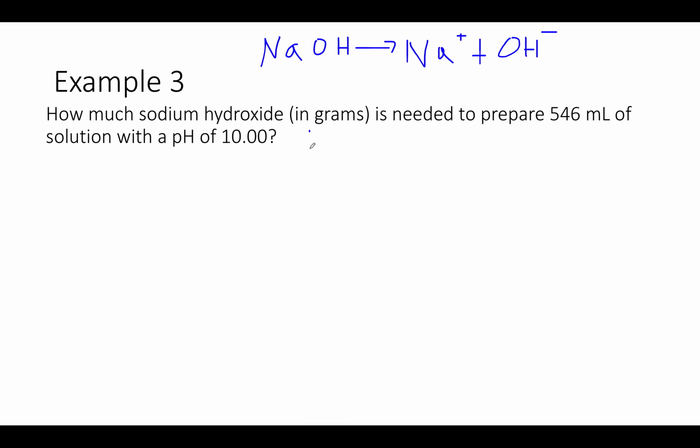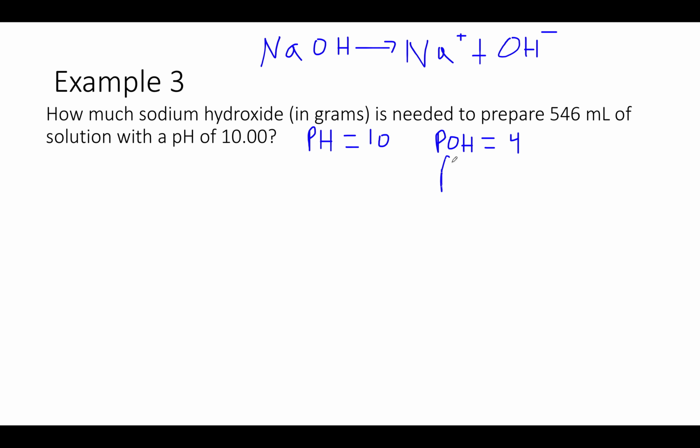So if I have a pH of 10, I really want to know the pOH, because the OH concentration is what's contributing here. So the pOH would equal 14 minus 10. So the pOH here is 4.